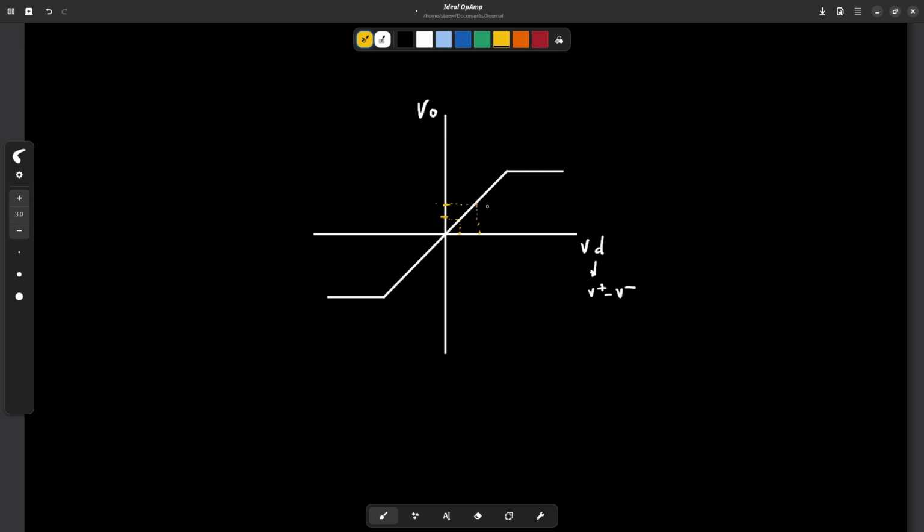And the slope of this straight line equals the gain of the amplifier. But the maximum value that we can have at the output of the amplifier is the positive voltage which is connected to the amplifier to bias it. The same way, if VD is negative, we are going to get an output which is AD times VD.